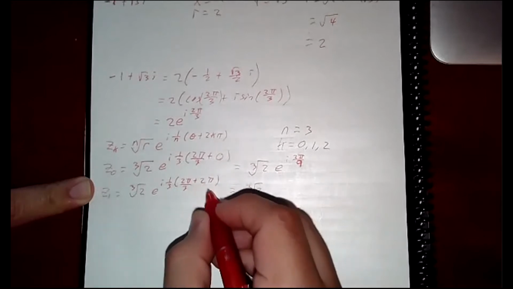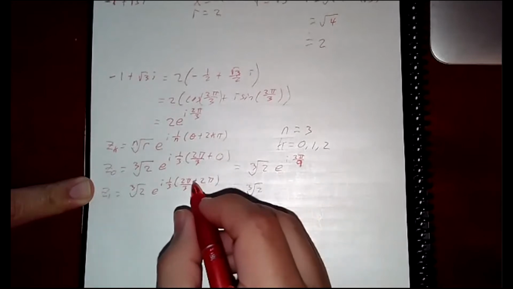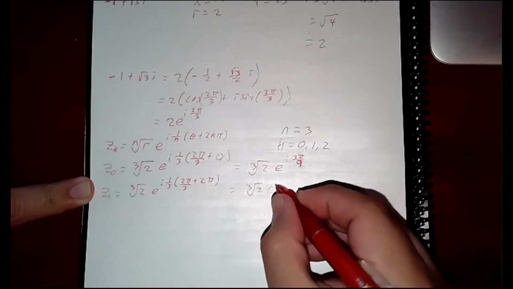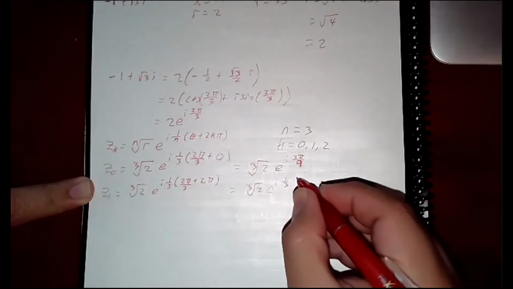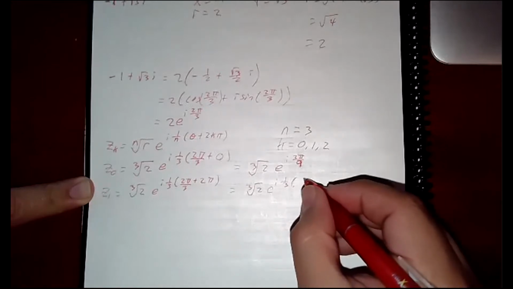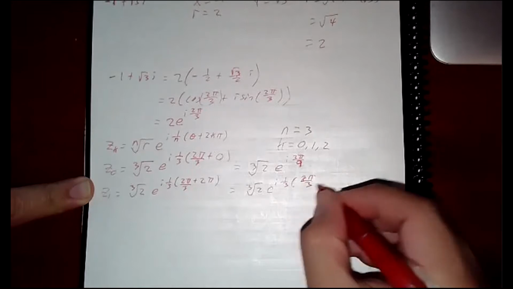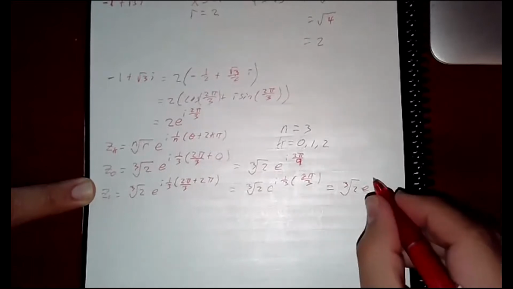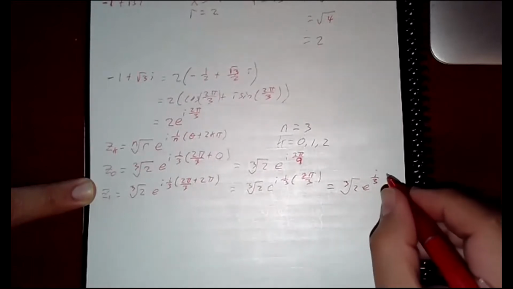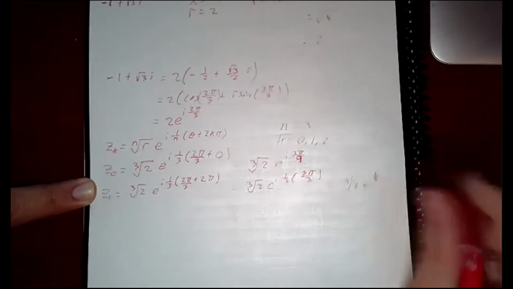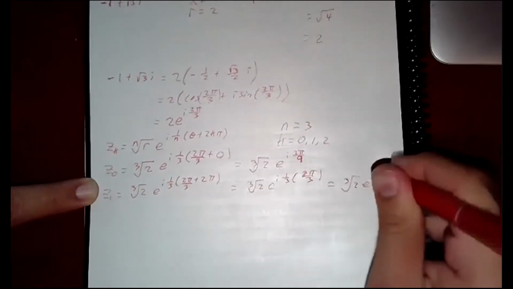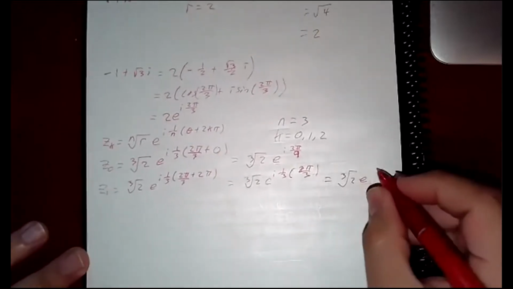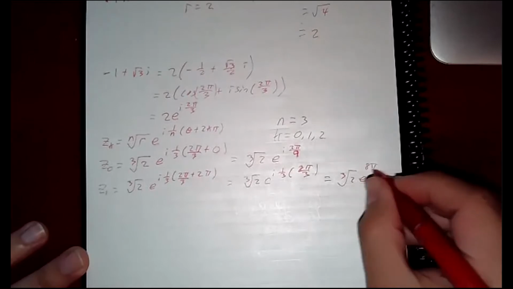So that would be cube root of 2 e to the 8 pi ninths i.